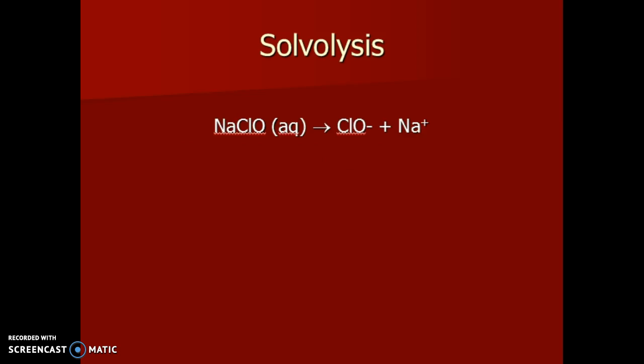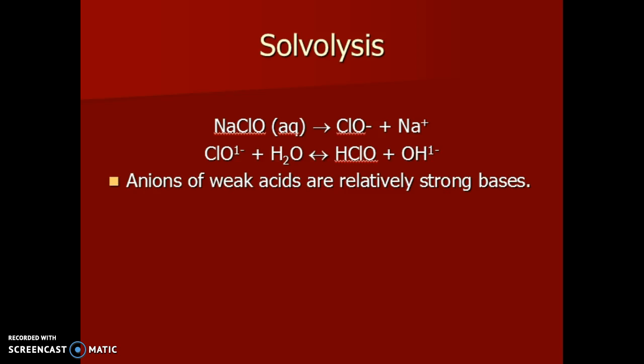Second example, sodium hypochlorite. When that first dissolves in water, it will dissociate into its 2 constituent ions, hypochlorite and sodium. And let's take a look at each one individually. I don't really think that we have to worry about the sodium ion, but the hypochlorite is kind of an interesting case. The hypochlorite, if it does react, will want to neutralize that -1 charge.